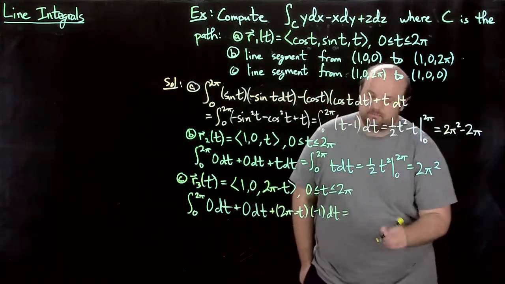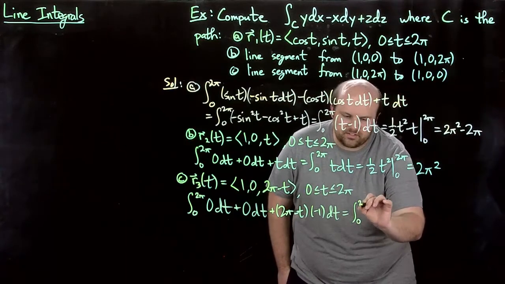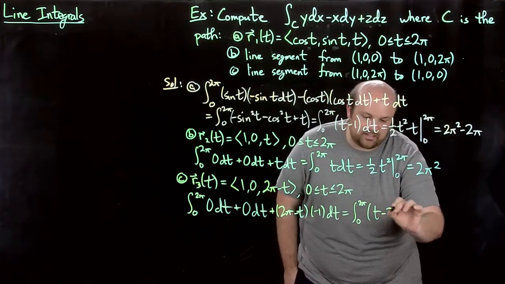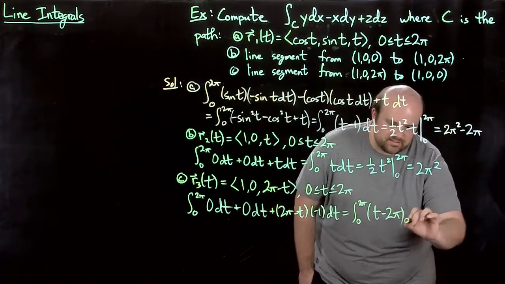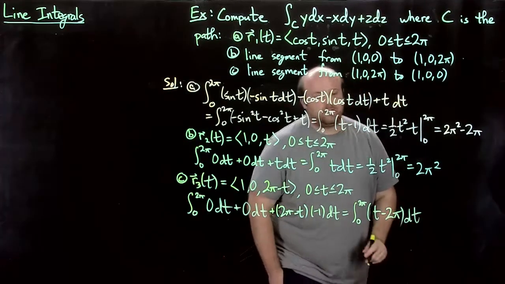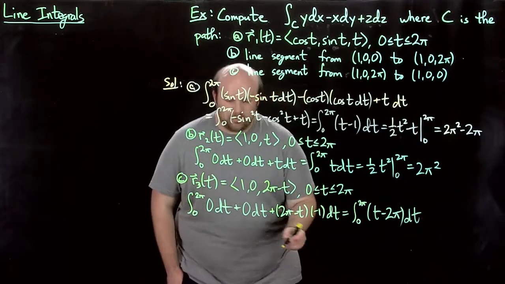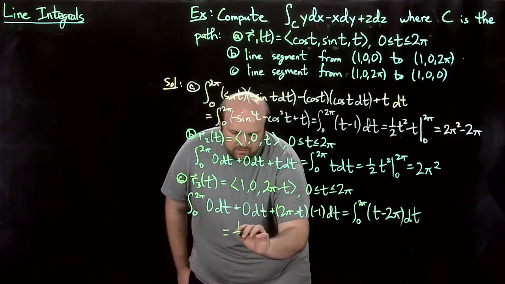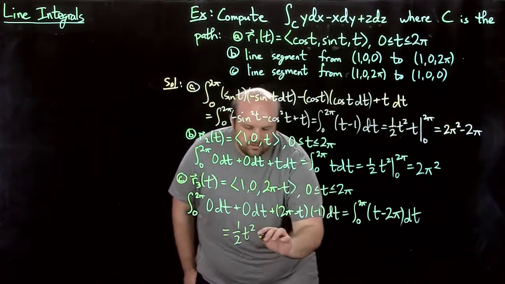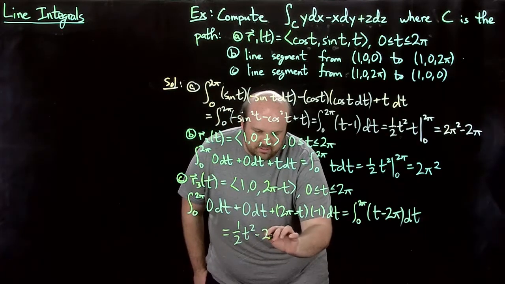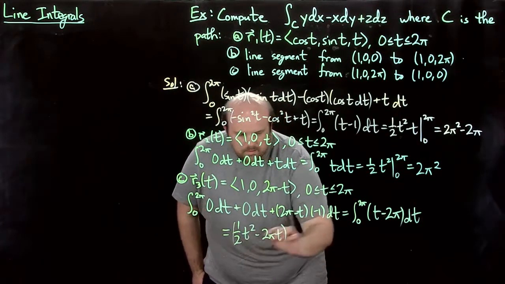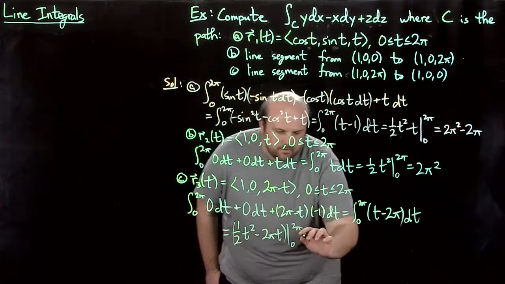So this all just comes down to the integral from 0 to 2 pi of t minus 2 pi dt. Now let's integrate that. Well, that is 1/2 t squared minus 2 pi t from 0 to 2 pi.